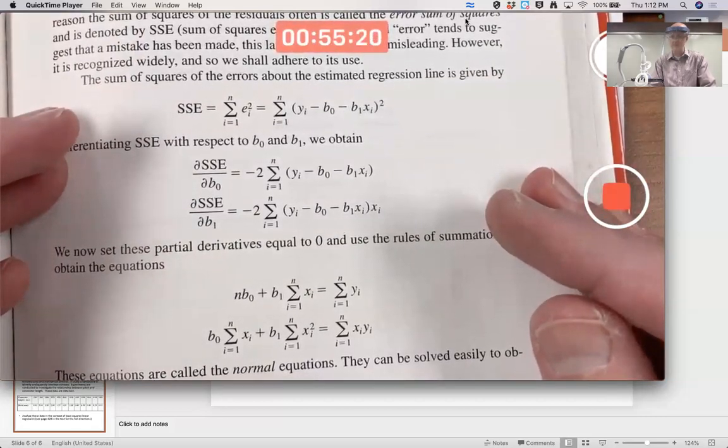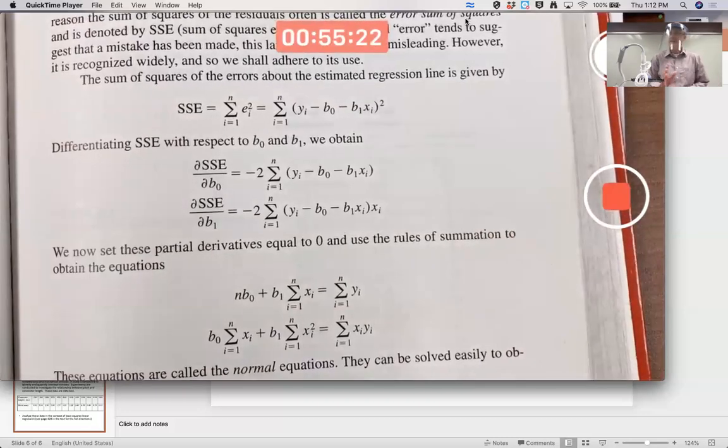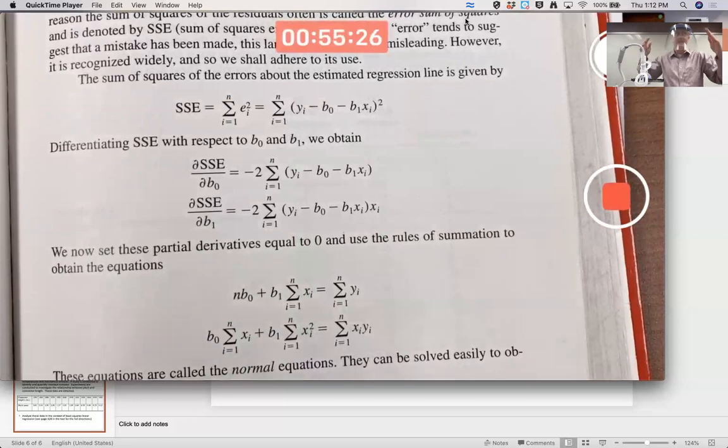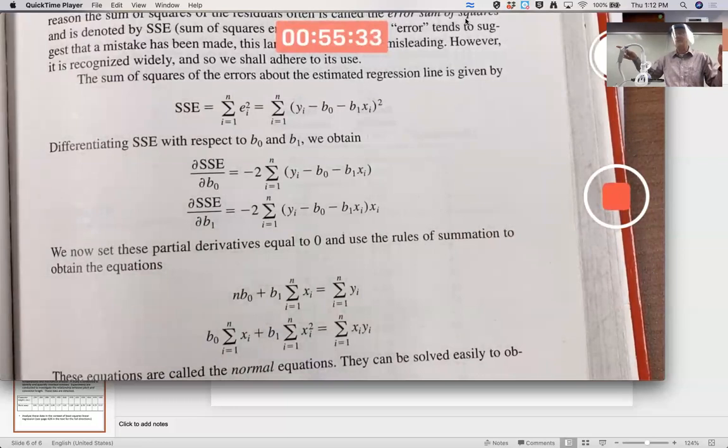But here's the big picture. Get this concept in your mind right here. Think of the xi's and yi's as being fixed numbers, given. This is somewhat analogous to what we did with the maximum likelihood estimator, like on the exam even.